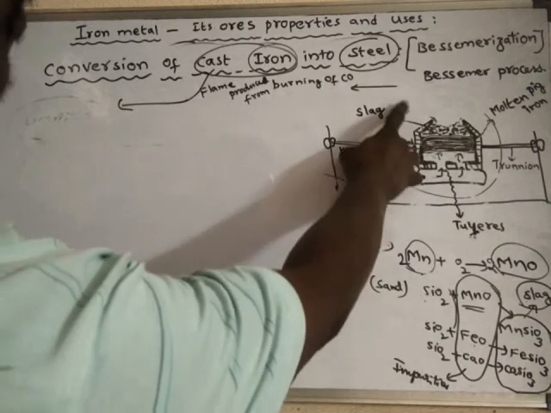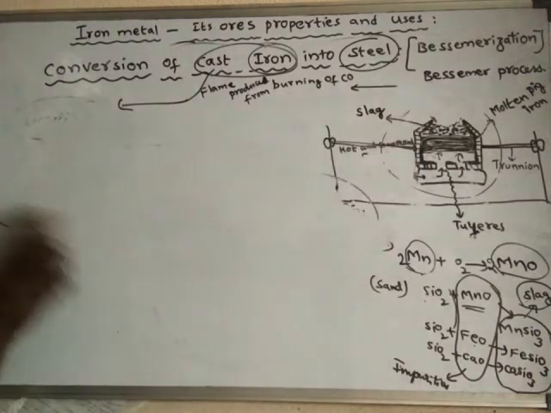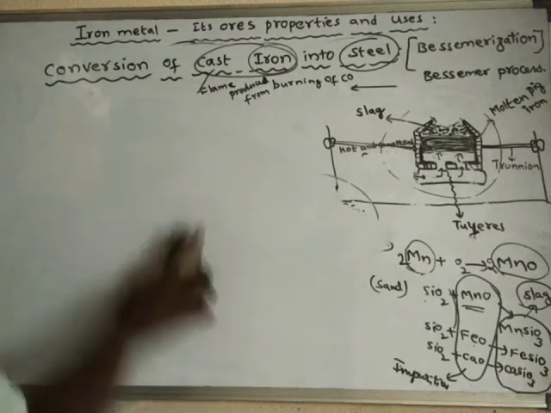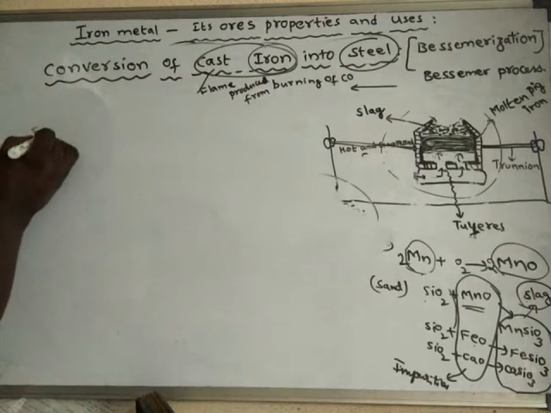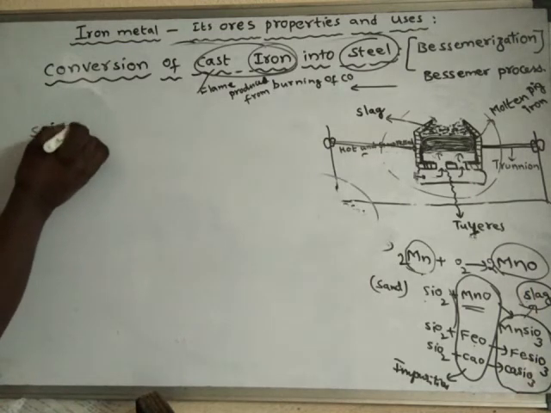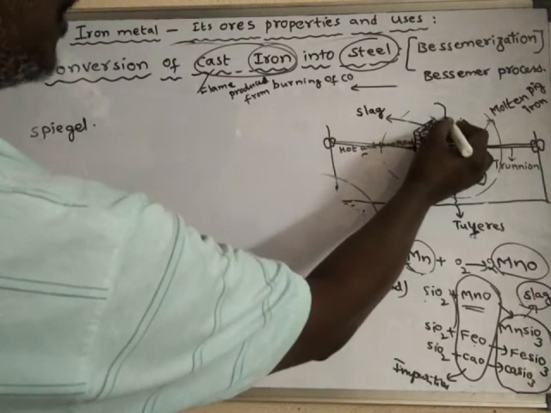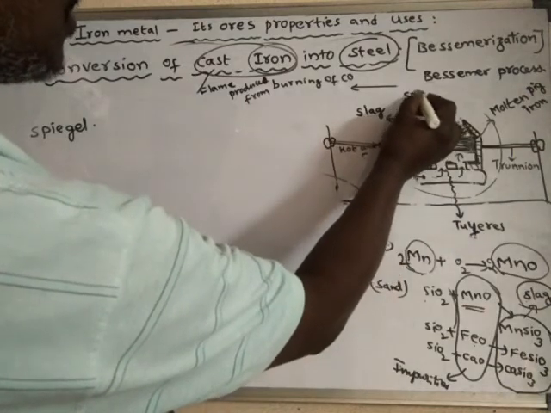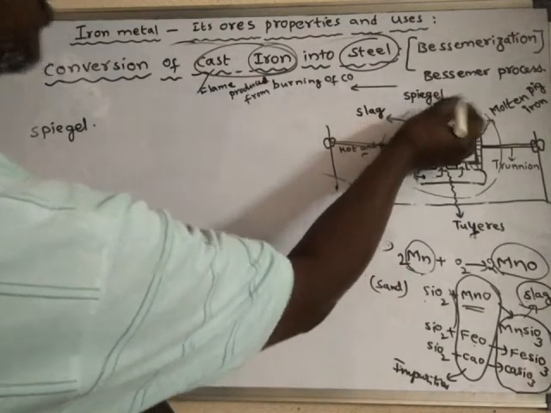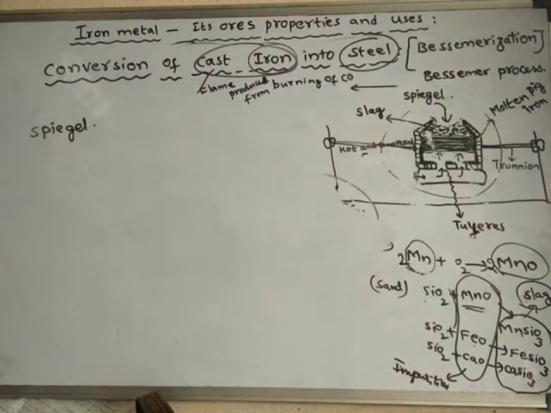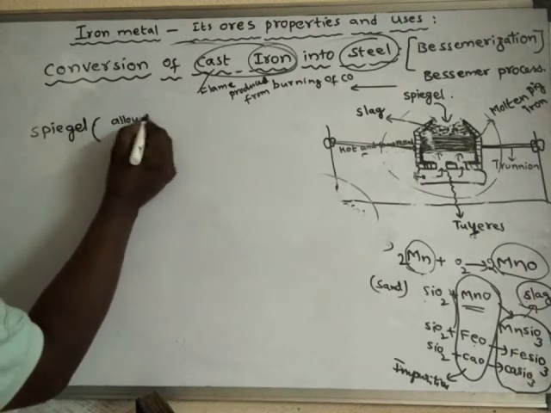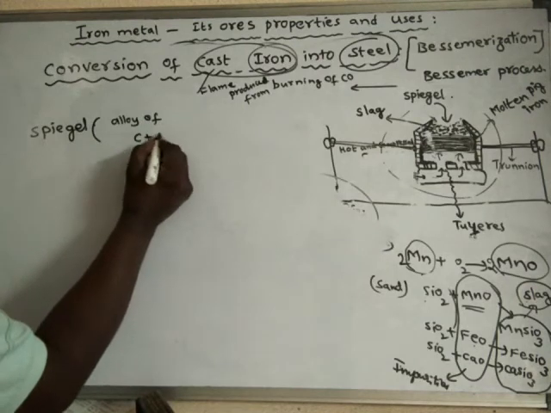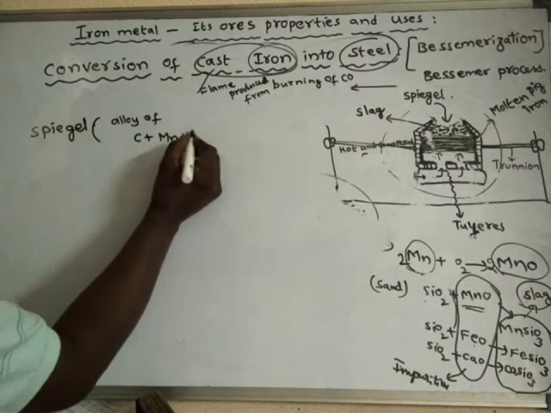So we have to add a material known as spiegel. What is spiegel? Spiegel is an alloy of carbon, manganese and iron.